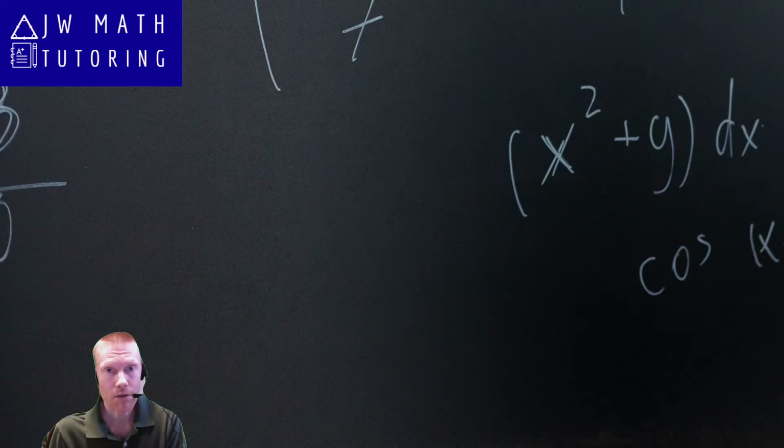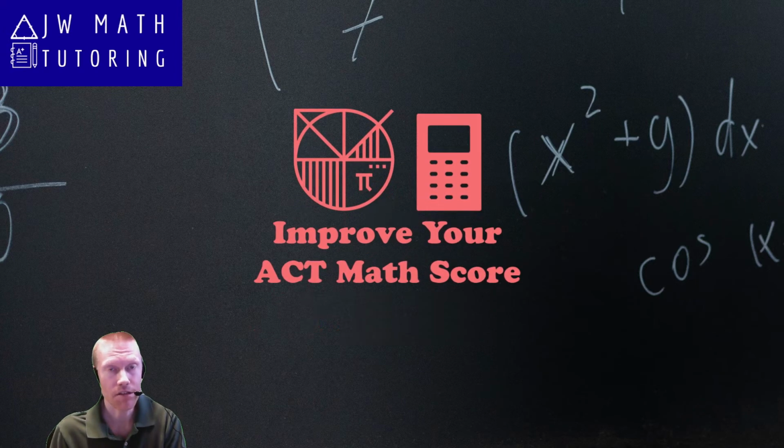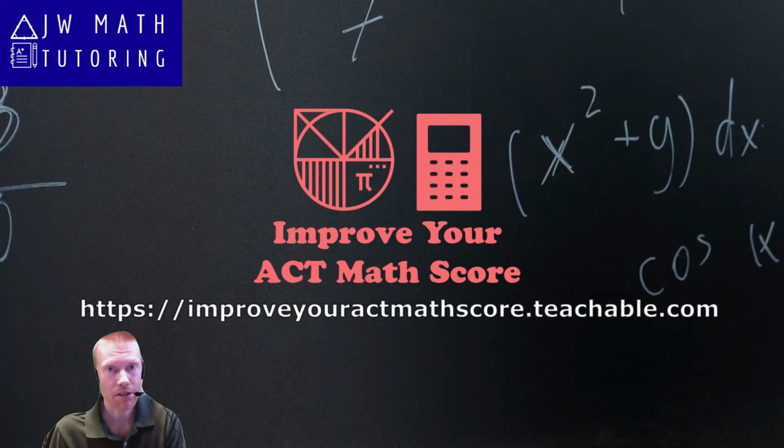This is Josh White with JW Math Tutoring, and this video is going to have part of my Improve Your ACT Math Score course in it, and that's specifically the section on the basics of using a TI-84 Plus model graphing calculator.